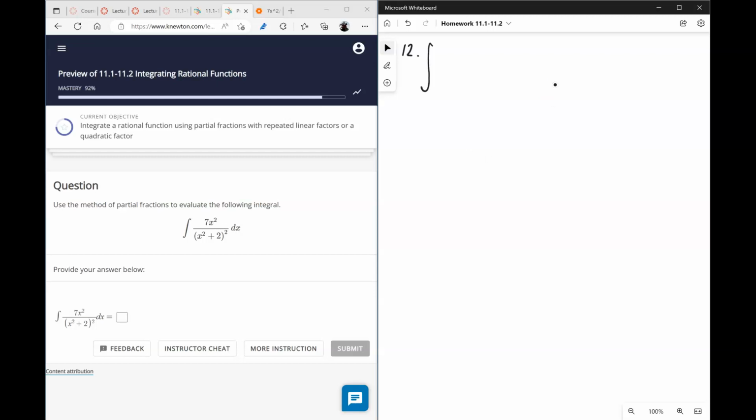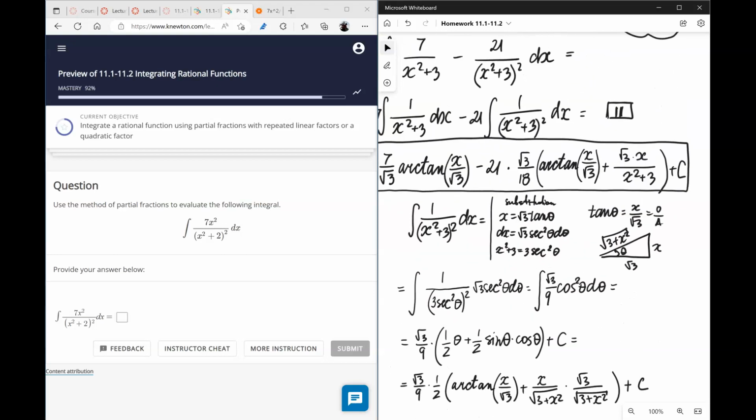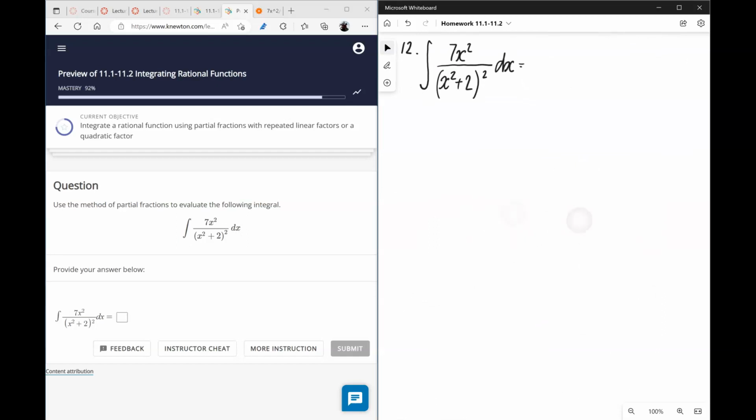And ironically, this alternative approach actually doesn't require the partial fraction decomposition. We're just going to do what we did in the very last step. Remember this substitution? We're just going to try that substitution here right away.